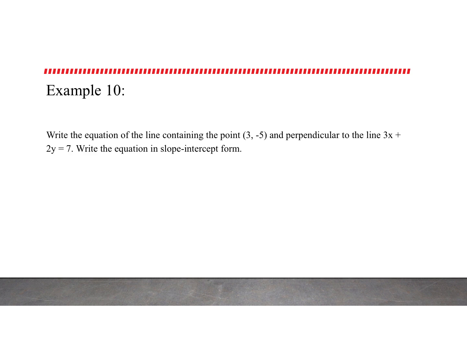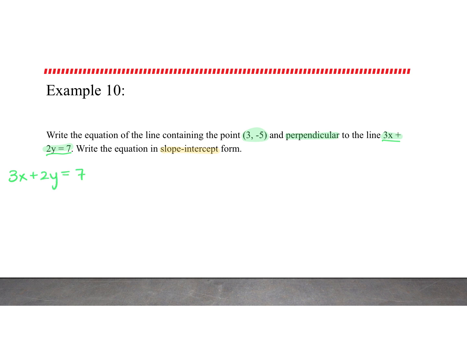Example 10. Write the equation of the line containing the point 3, negative 5. And this time we are going to be perpendicular to the line 3x plus 2y equals 7. And we are going to write our final answer in slope-intercept form. So the first thing we need to do is we need to take this equation off to the side. 3x plus 2y equals 7.